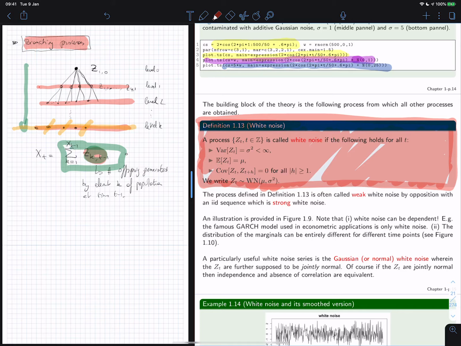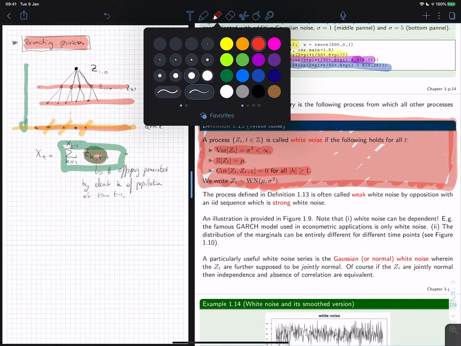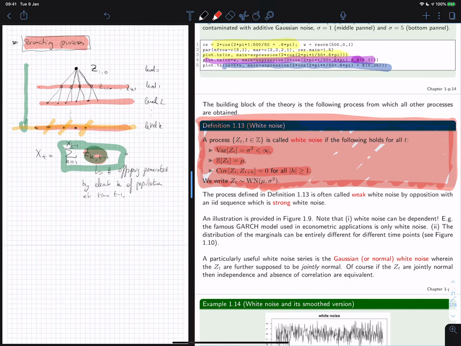White noise is just a sequence of data which is finite variance, fixed mean, and uncorrelated.